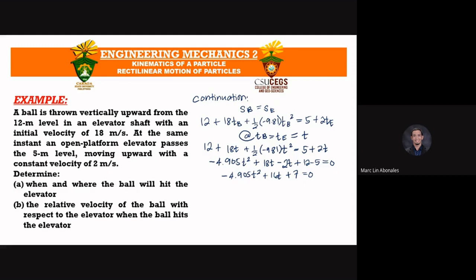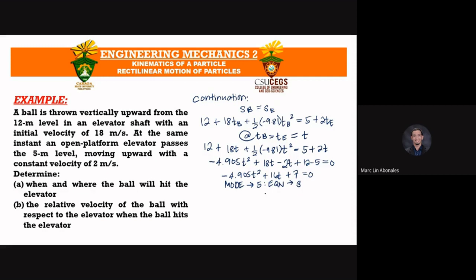Para mas dali, you use the calculator. So sa calculator, you just click the mode. Then, ang inyong makita sa on screen is the list. So you just click 5, which refers to the equation. Then afterwards, you click 3, which is for the quadratic equation.